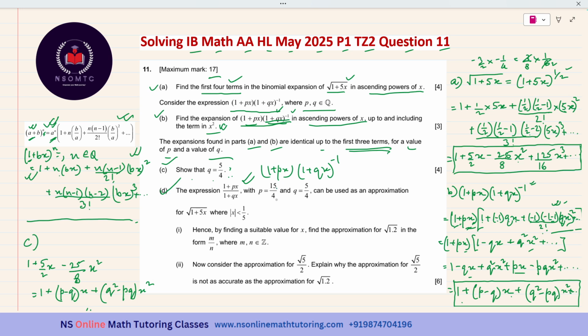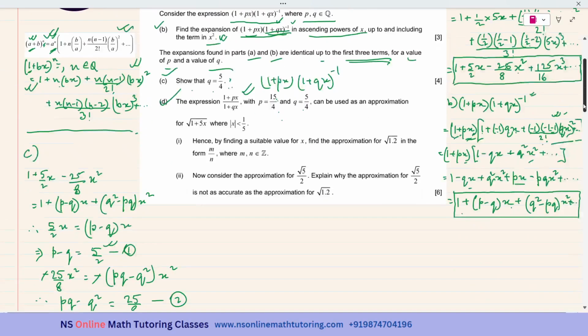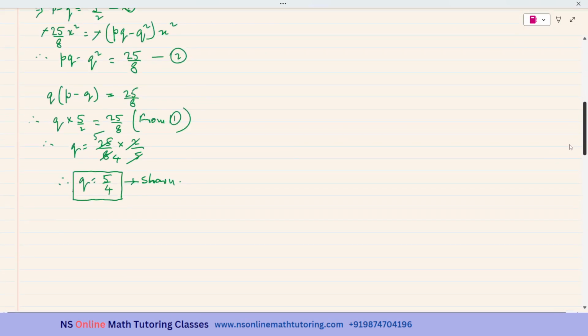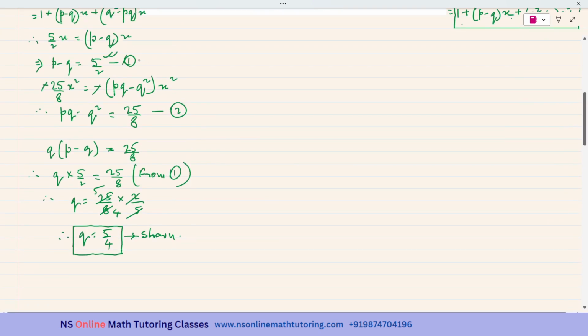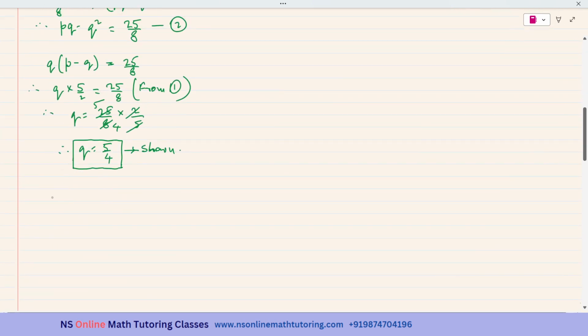With p value as 15 over 4, you can see q value as 5 over 4. If you use q value as 5 over 4, let us check what is the p value. We have seen p minus q is equal to 5 over 2. So let us find the p value and see whether we can find the same value that they have given.